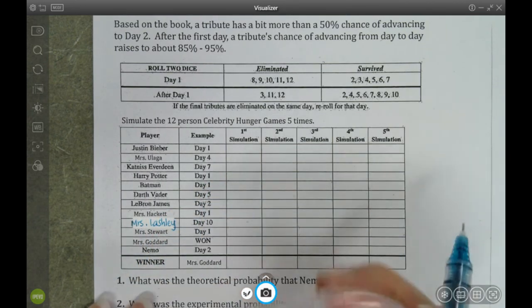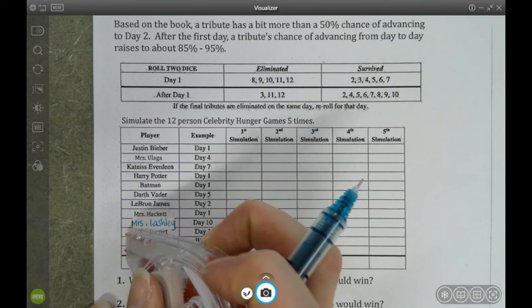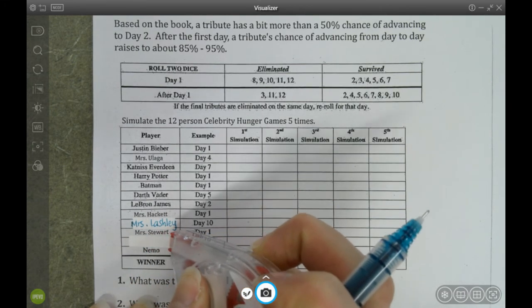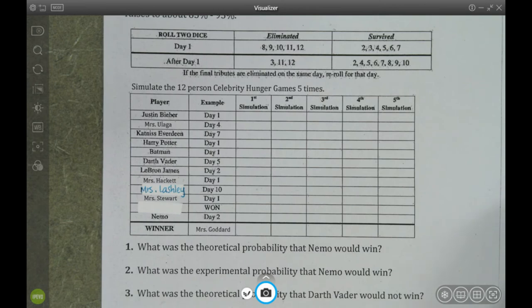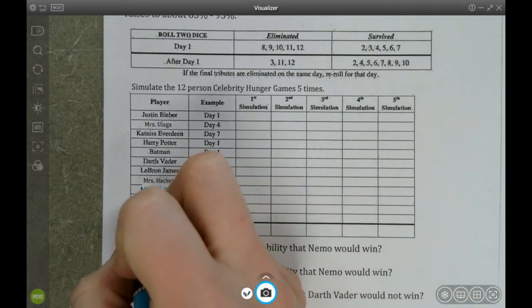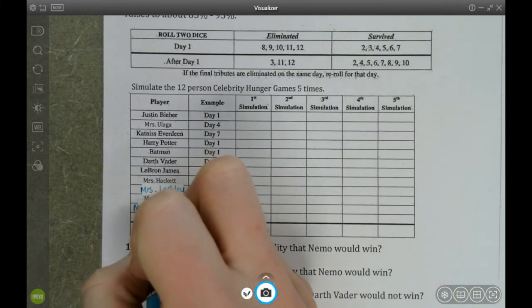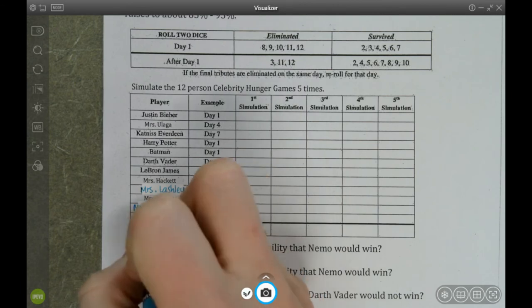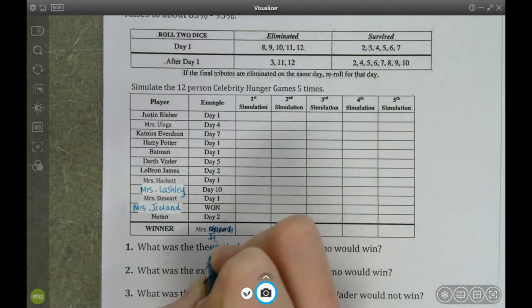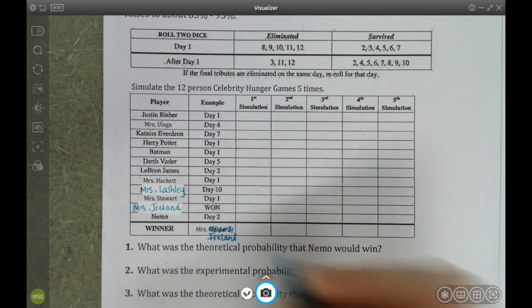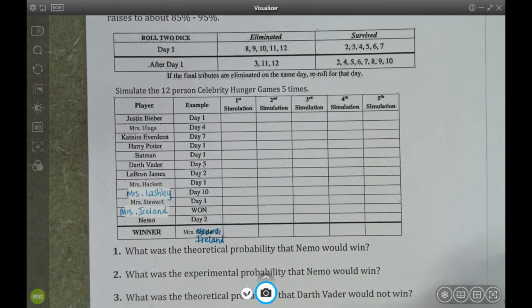Miss Goddard doesn't work here anymore, so we're going to replace her with... Which math teacher? Miss Ireland. Oh yeah, and in this one she won.